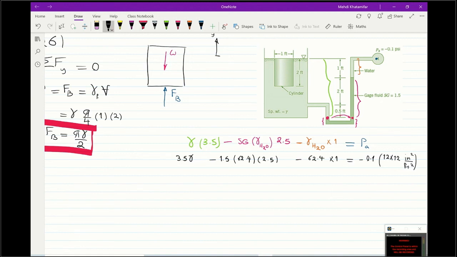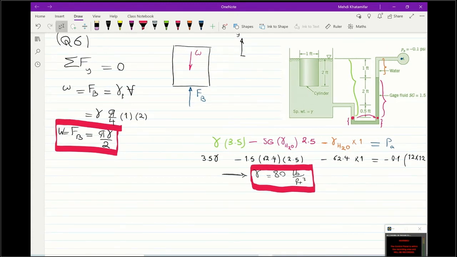So the only unknown is gamma, therefore gamma is going to be 80 pound per foot cube. Now I can plug in the numbers and get the weight. So W is equal to pi divided by 2 times gamma, 127 pound.